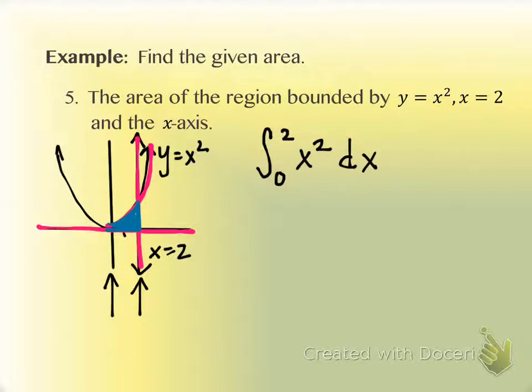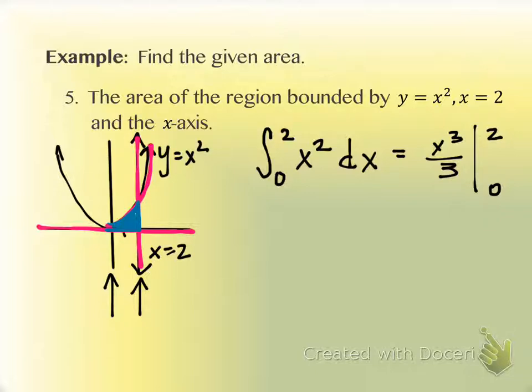Okay, the integration of this is not difficult. What is the antiderivative of x squared? x cubed divided by 3. We're going to put that vertical line, value 2 on top, value 0 on bottom. You're going to become very friendly with the number 0. Anytime you see it, you're going to kind of smile.